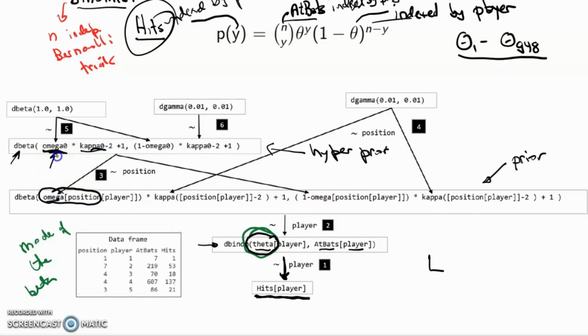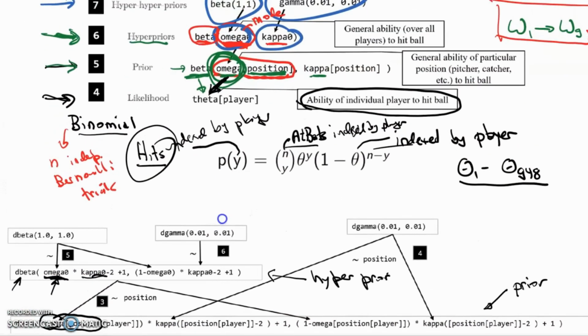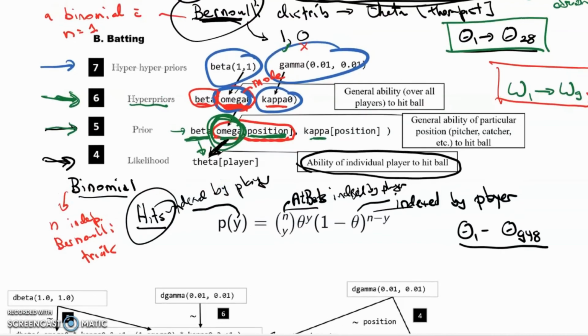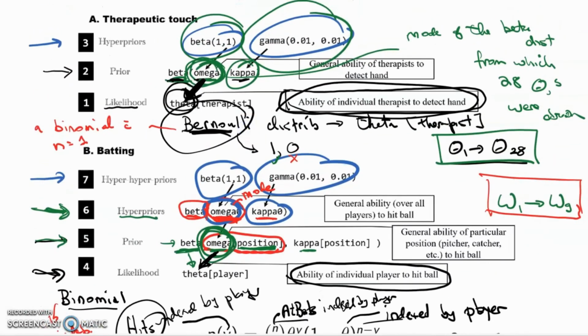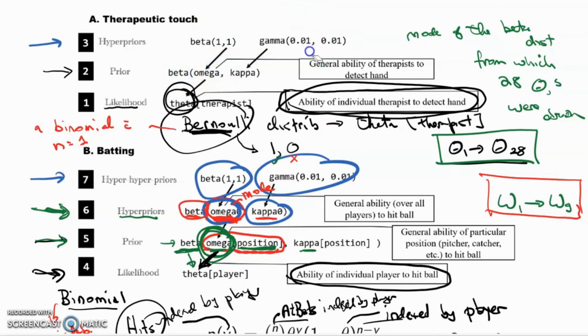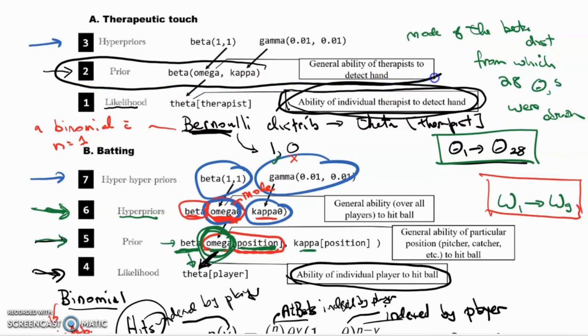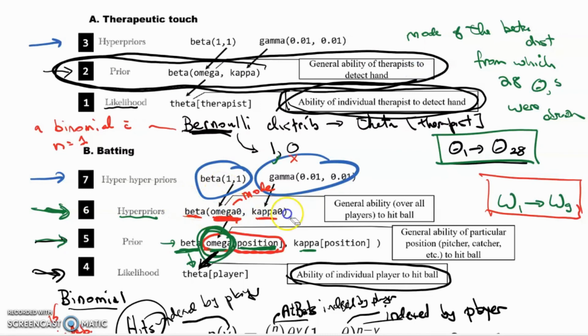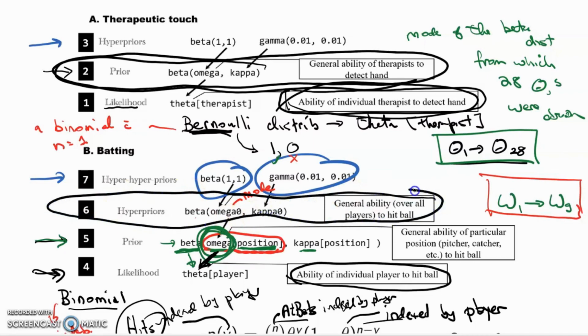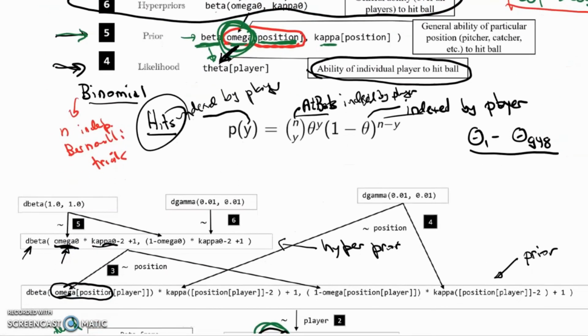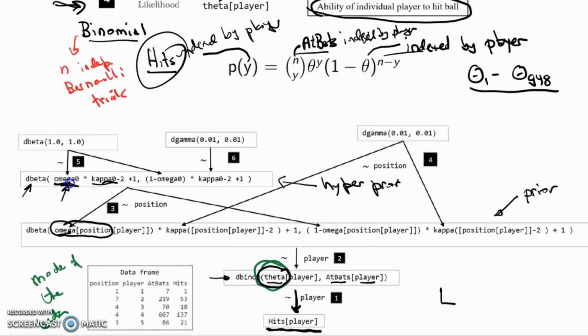So if you think about what this omega 0 is, it's playing the same role as is shown here, the general ability overall of baseball players to hit the ball. So that's just the general ability of a baseball player to hit the ball.